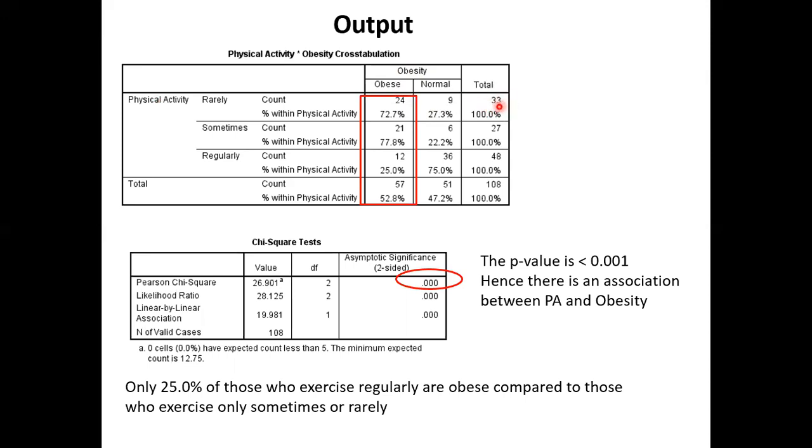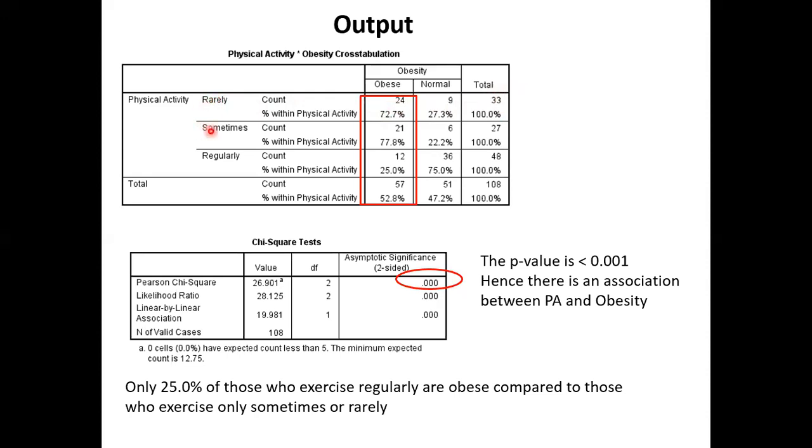It refers to the rarely row. Add up 24 plus 9, that's 33. In this sample, 33 people rarely exercise, correct?